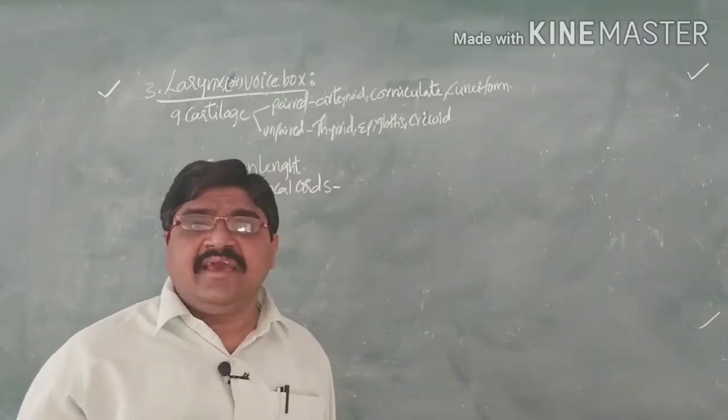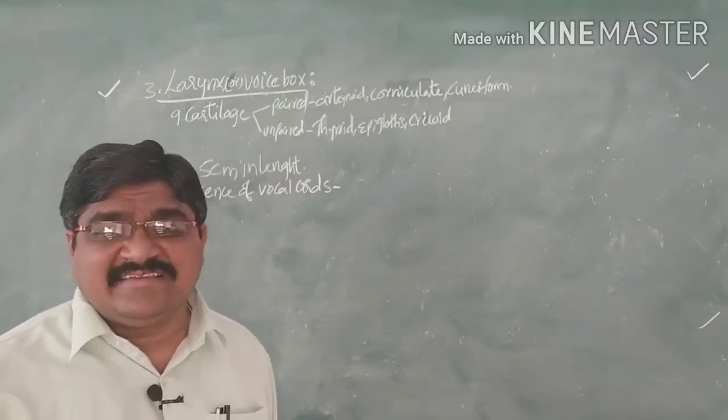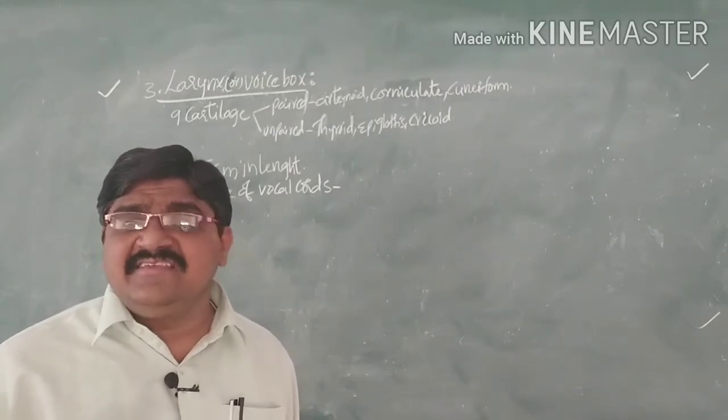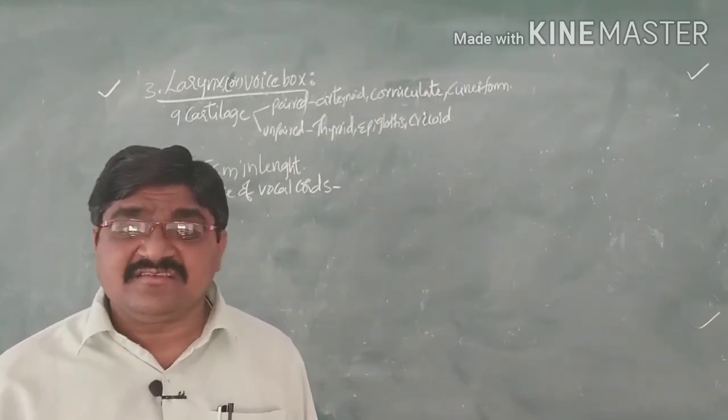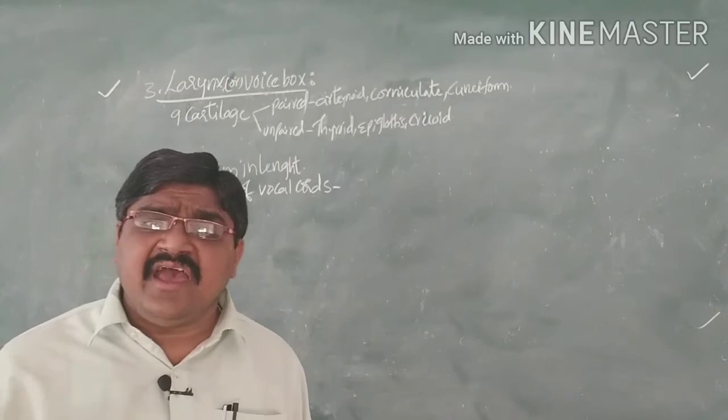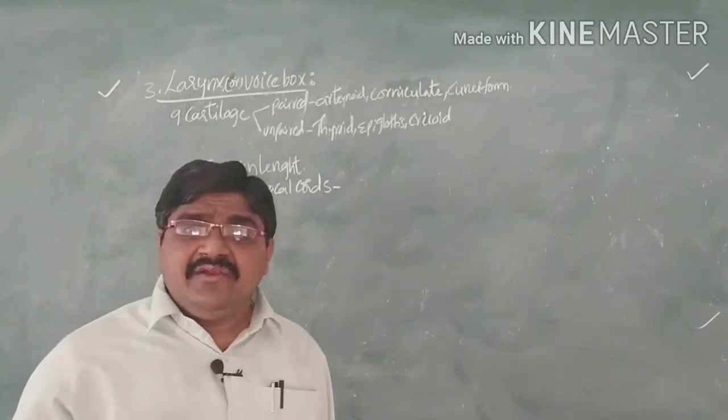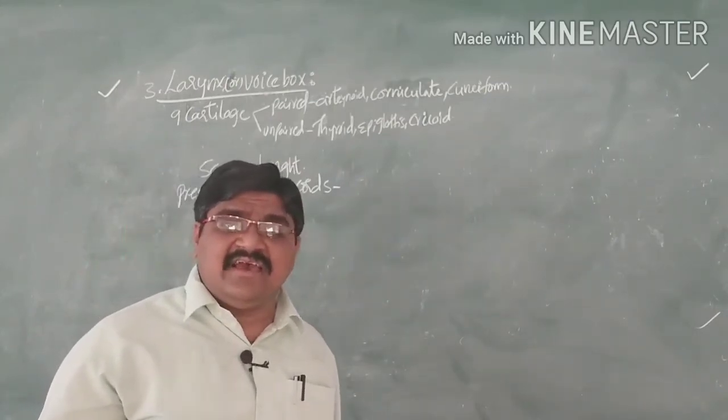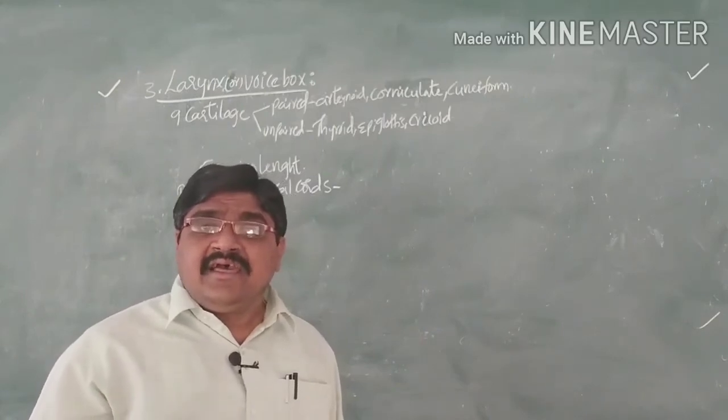Also, the larynx consists of 9 cartilages. These 9 cartilages are divided into paired and unpaired cartilages.